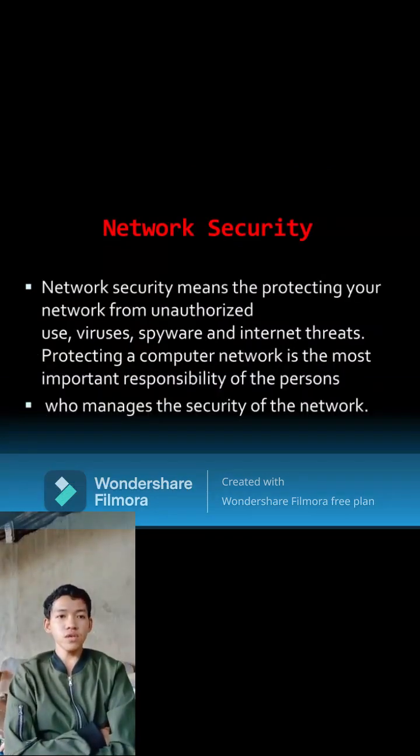So network security means protecting your network from unauthorized use, viruses, spyware, and internet threats. Protecting a computer network is the most important responsibility of the person who manages the security of the network.